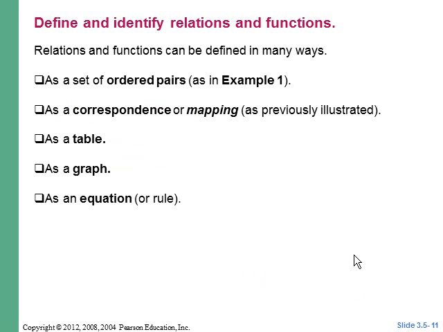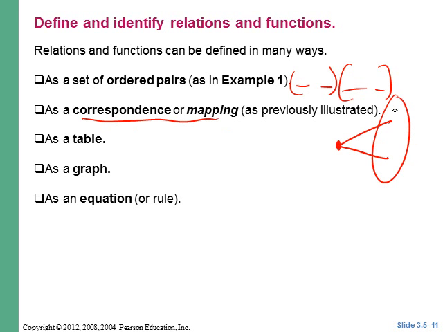So, we can define functions by ordered pairs. Remember, for every first element, there's only one second element. You can map it as a correspondence. Remember that you can't have 1 point going to 2 in the second one.